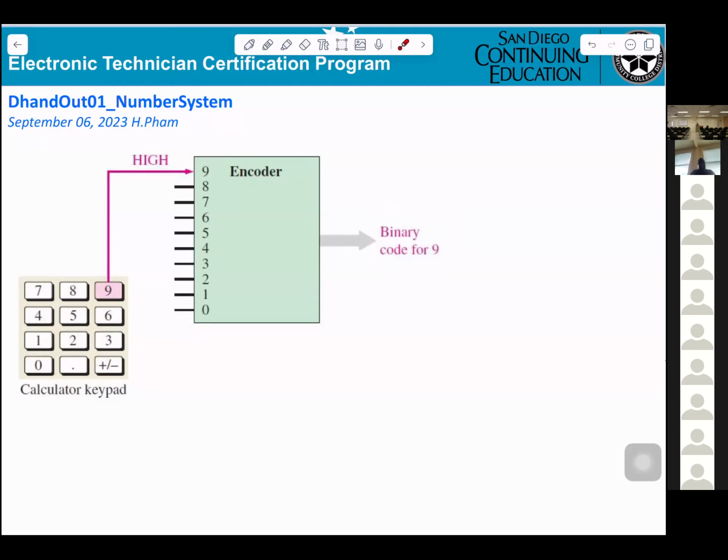So that's why they need a circuit called an encoder. The encoder converts from decimal to binary, so the computer can understand. Anything outside that you want the computer to understand has to be converted to binary. That's what we call an encoder.